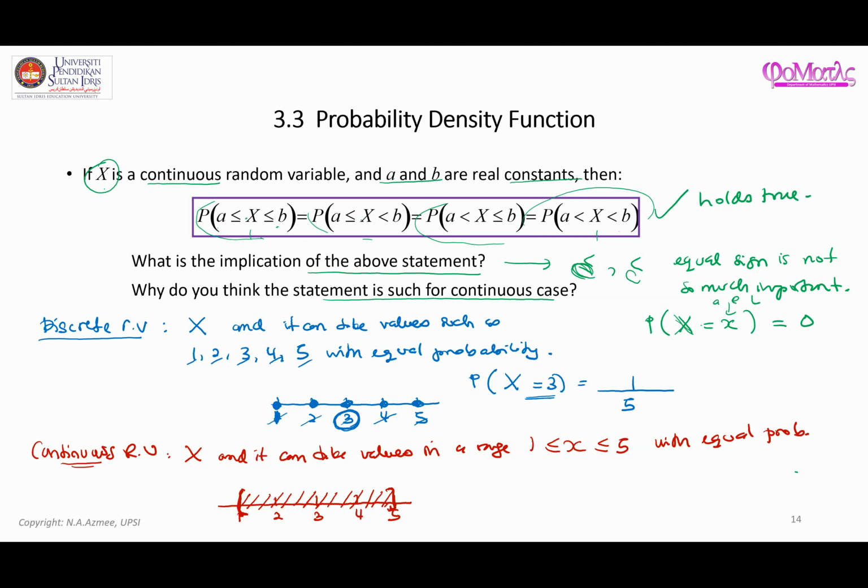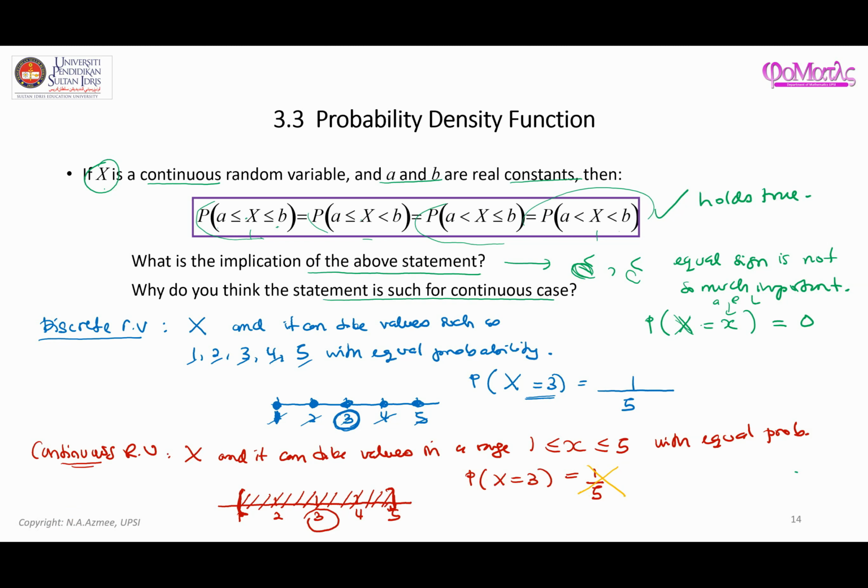Now if I ask you what's the probability of getting x equals to 3, a lot of students will answer that the probability is 1 over 5, which is wrong, by the way. So that probability here is wrong. The answer is wrong.